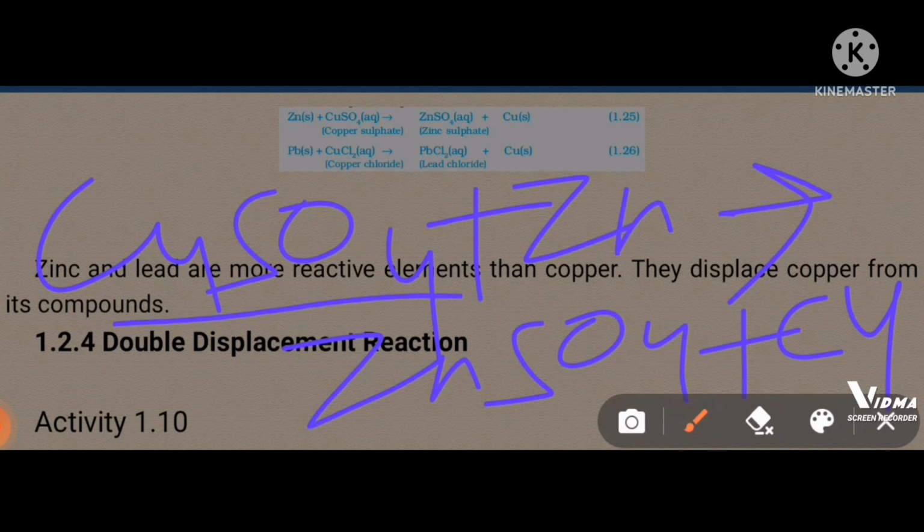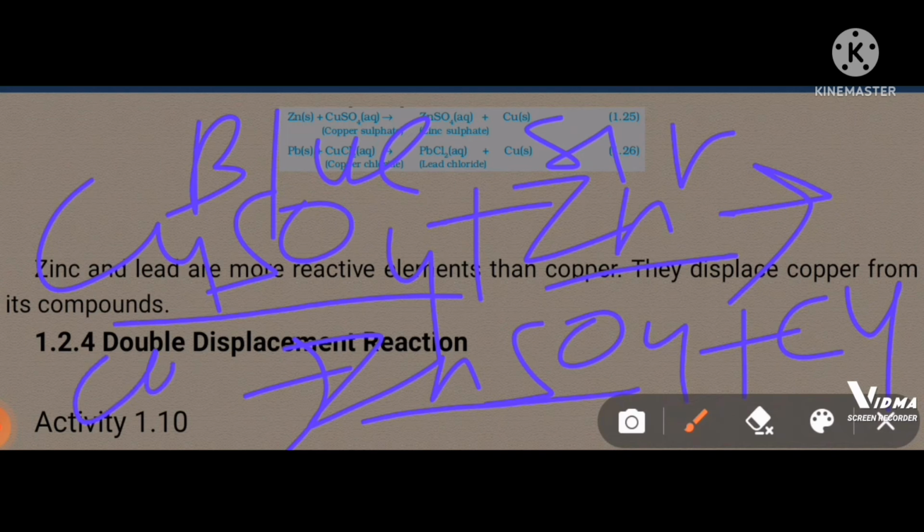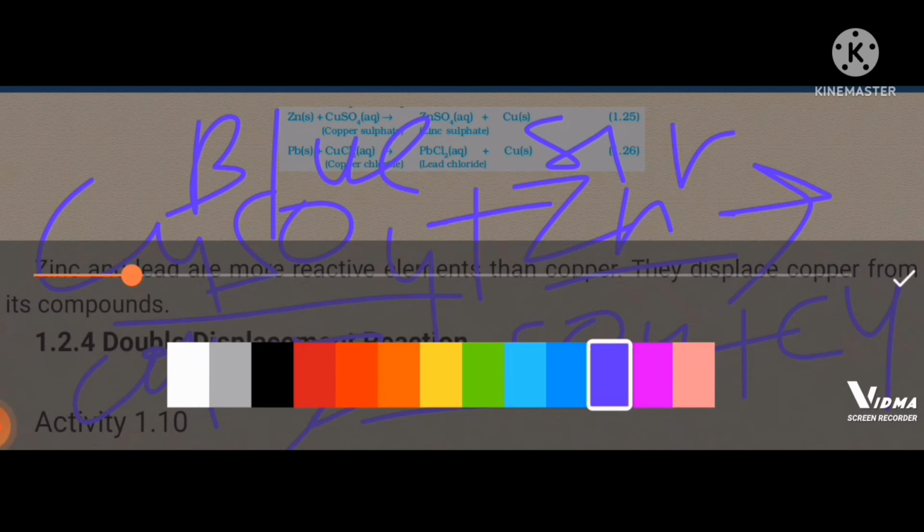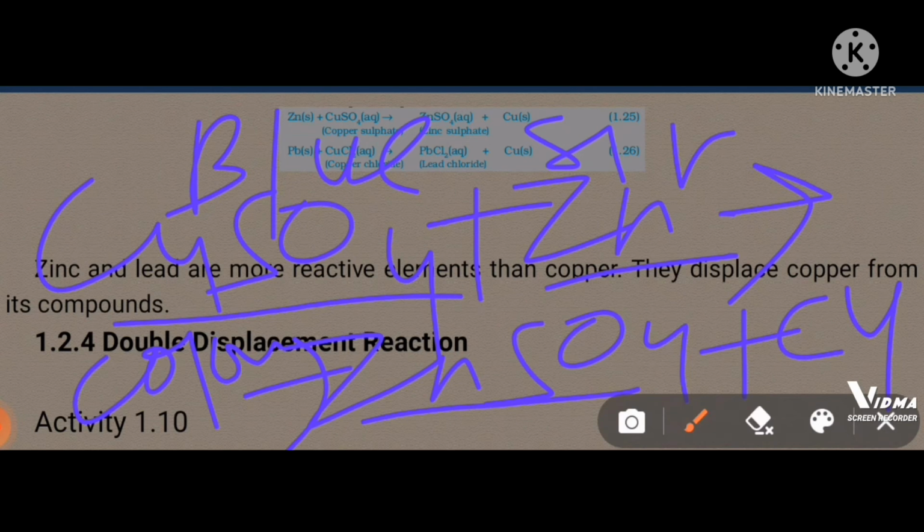The color of copper sulfate is blue. The color of zinc is silvery white. Zinc sulfate is colorless, and copper is red-brown.